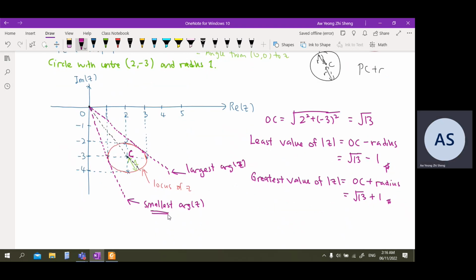If one angle is minus 0.7 and the other is minus 0.4, then minus 0.7 will be treated as the smaller one. Of course, these angles are not actually minus 0.7 and minus 0.4 because I haven't done any calculation, but it is just to tell you the idea.